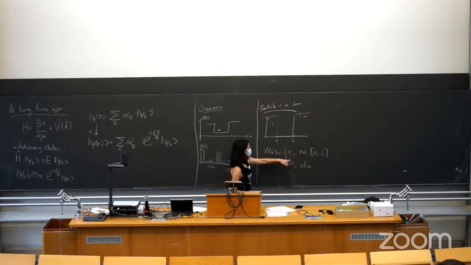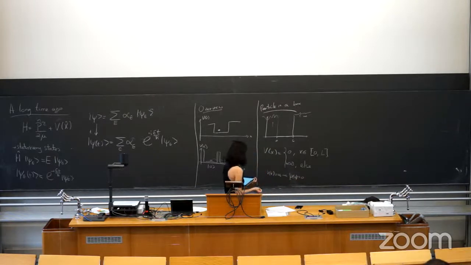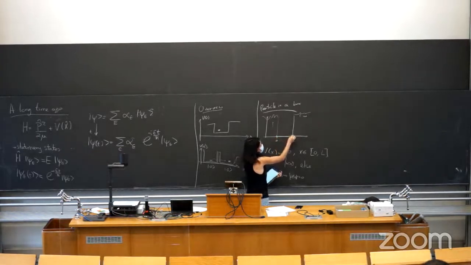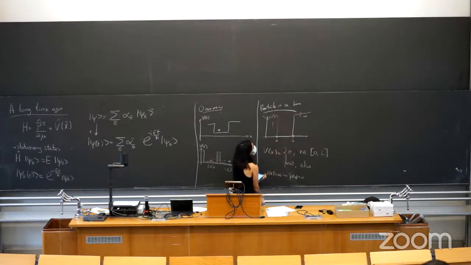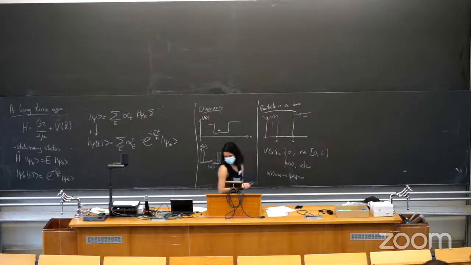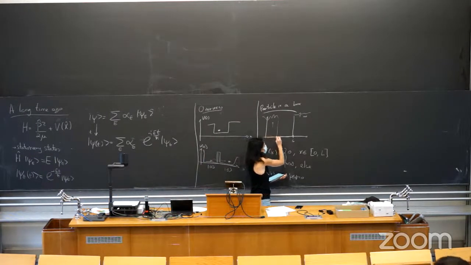But we do a trick by imposing some boundary conditions. We say that wherever V of x equals infinity, our wave function needs to be 0. In particular, at this point here, it needs to always be 0. So you're going to think of the wave function as something that is 0, 0, 0, 0. Here it's allowed to do whatever, and then 0, 0, 0, 0.